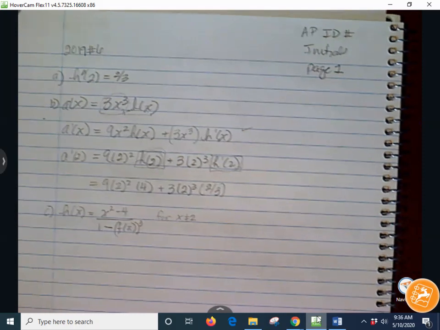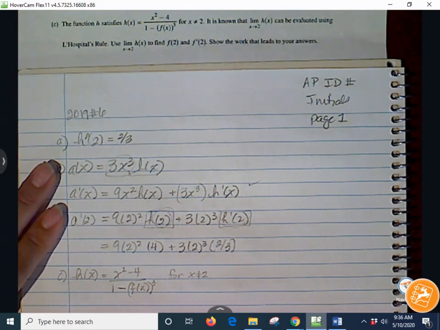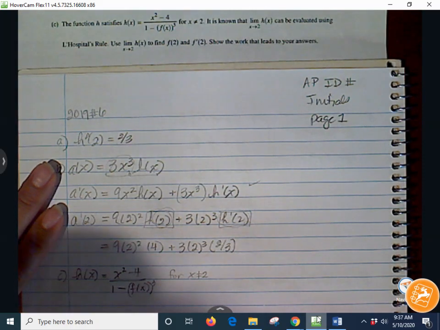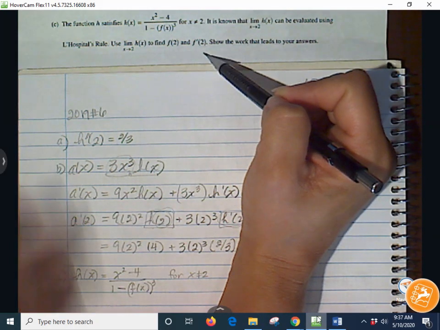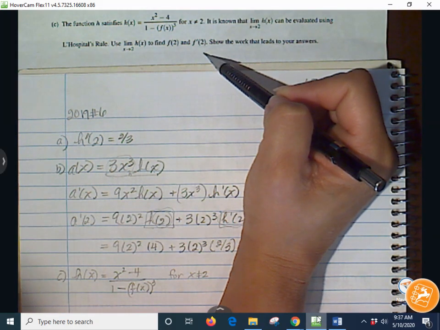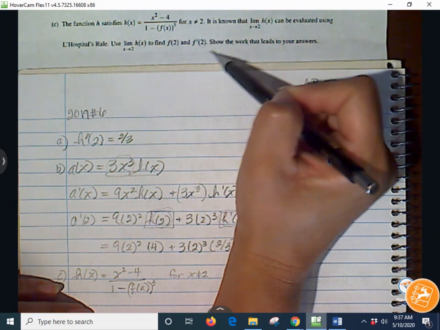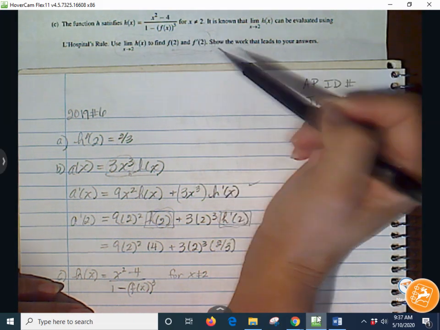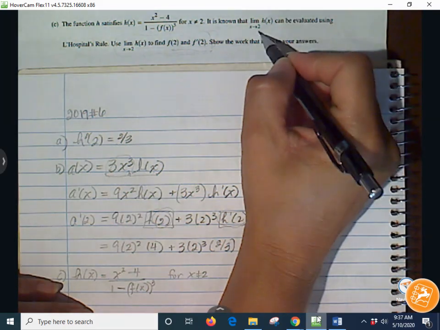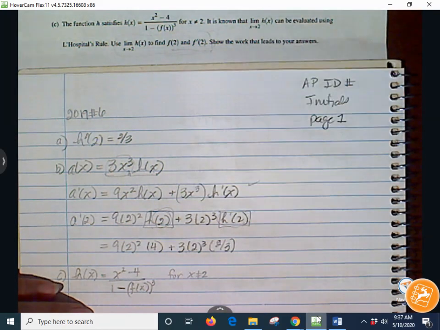And that f of x must also then be differentiable. All right, use this to find this and this. Okay, all right, well, I'm going to figure this out as I go. So this can be evaluated using L'Hopital's rule. Okay.